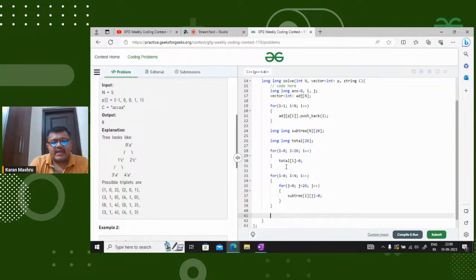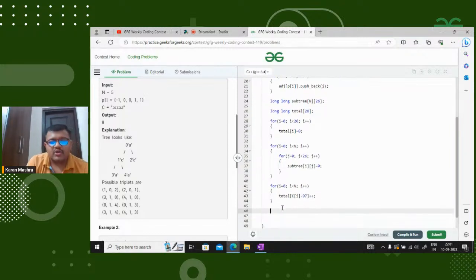Now in total I have the total count of the characters. Okay, so total of i will represent the count of character i in the complete tree. So let us fill it first. So for i equals 0, i less than n, i plus plus, total of C of i minus 97 plus plus. Okay, so this will give me the total count.